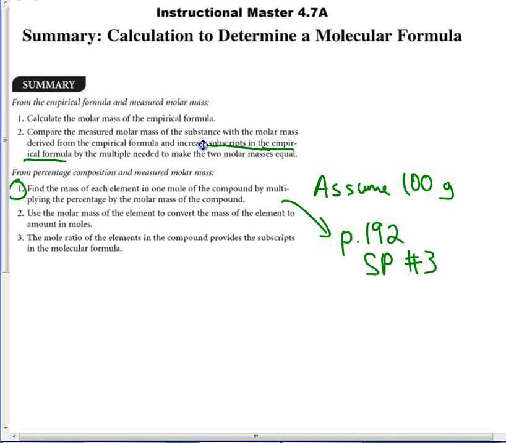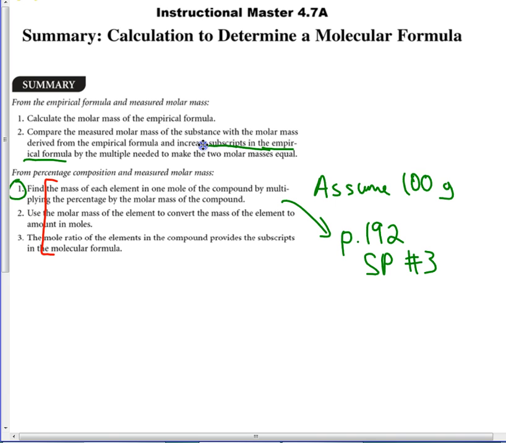The mole ratio of elements needs to be compared, and once that's done, the empirical formula is obtained from 100 grams. The advantage to this method, which is outlined here, is that you are already assuming 1 mole of the compound.